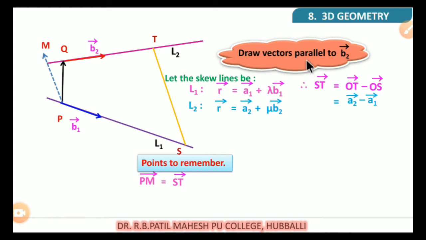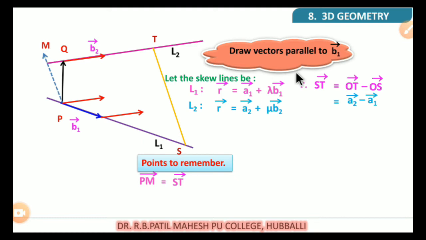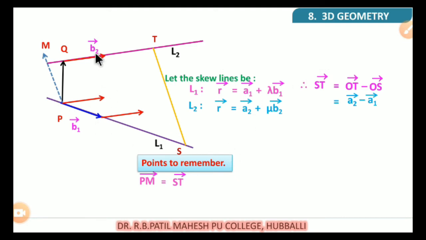So draw the vectors parallel to b2. So these two vectors are parallel to b2. Now draw vectors parallel to b1.